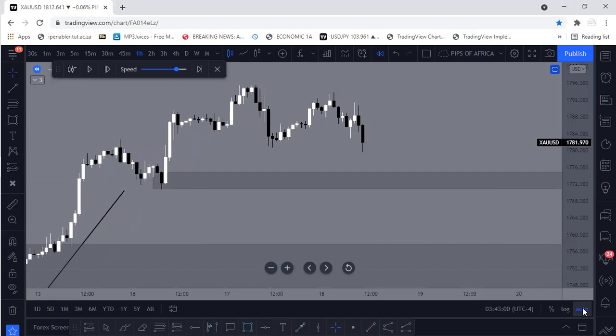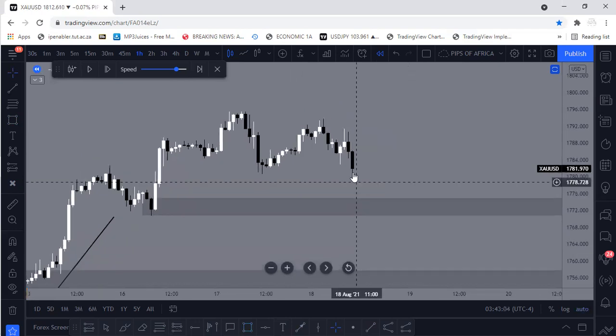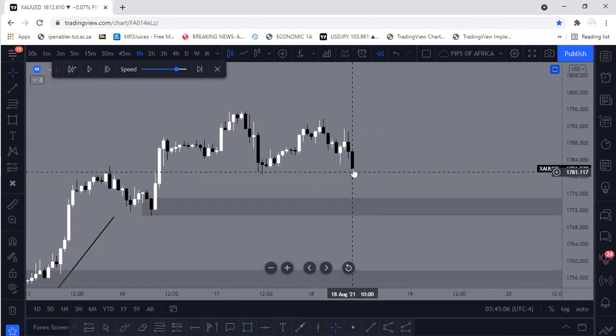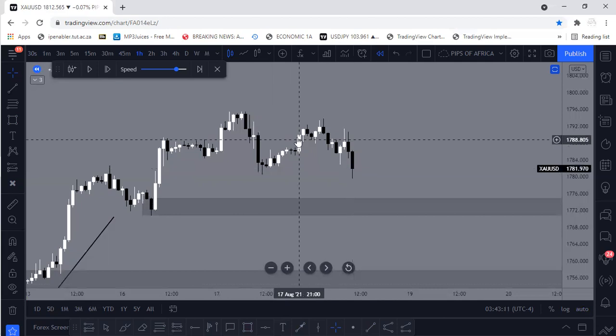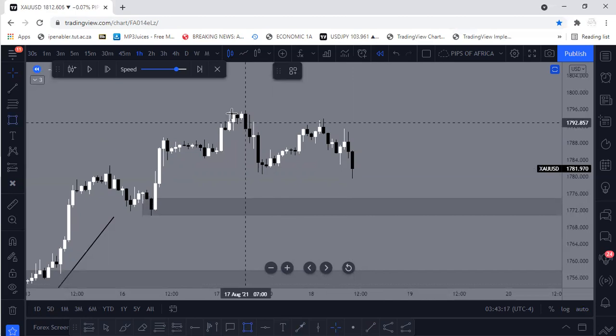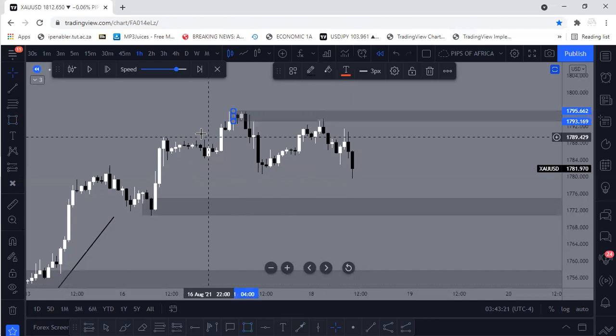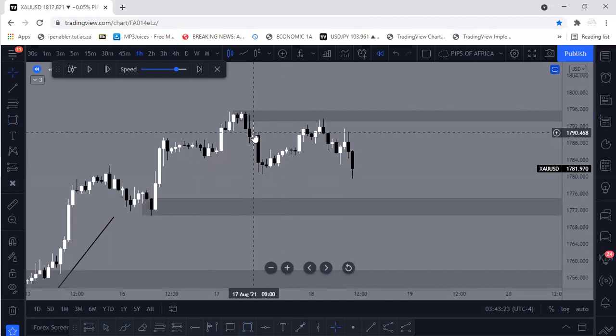It's simple. So now, after I'm highlighting these things like this, what is the time? The time was 10 o'clock, New York time. Now you realize that above there was this order block to start with. Let me try to mark it up. There was this order block here. 9 o'clock was here, and then it was 8 o'clock, exactly 8 o'clock.